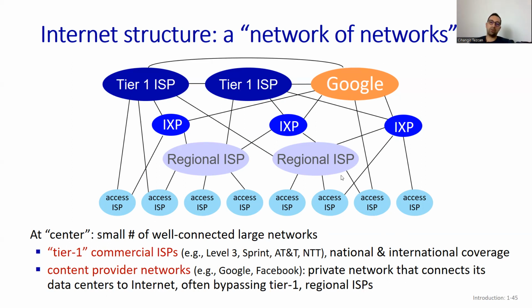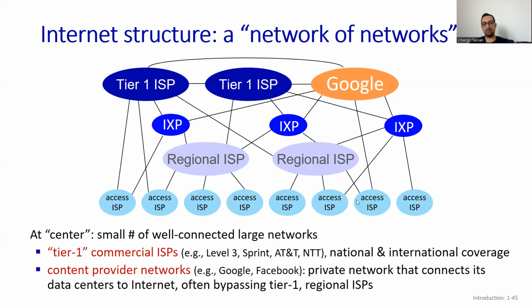It can be connected to a regional ISP, and that in turn might be connected to other regional ISPs by internet exchange points, and all of them are connected to top level tier 1 internet service providers. The ISPs at the top actually don't pay any money, they provide the service. Anything below has to pay money to something above it. So this is how it works.